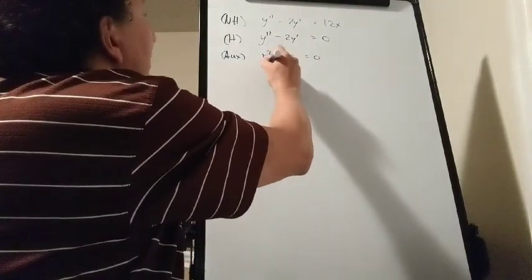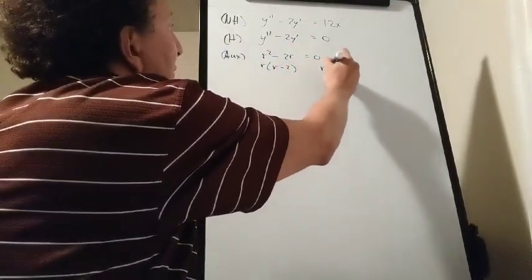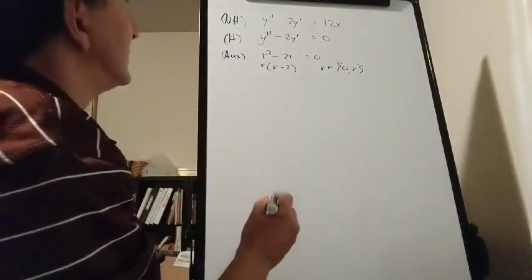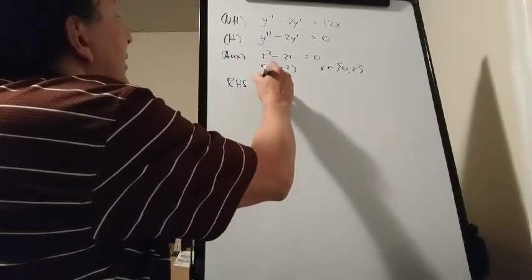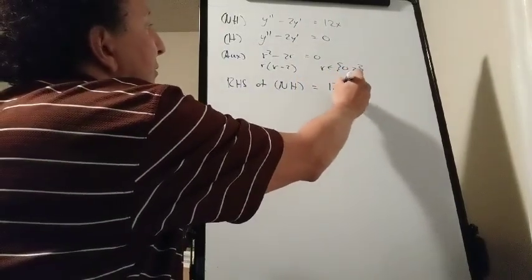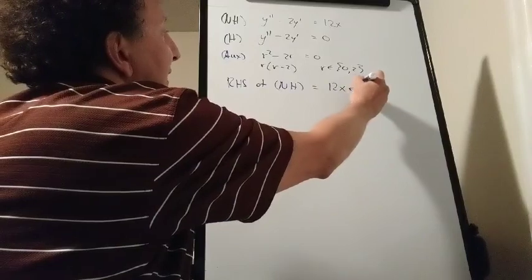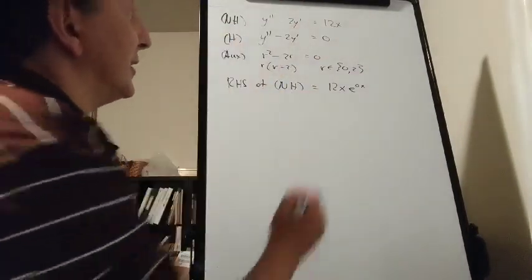And that factors as r times r minus 2. So the roots are 0 and 2. Now the right-hand side of the non-homogeneous equation is 12x, which I'm going to write as 12x e to the 0x, because it's 12x times 1 and e to the 0x is 1.